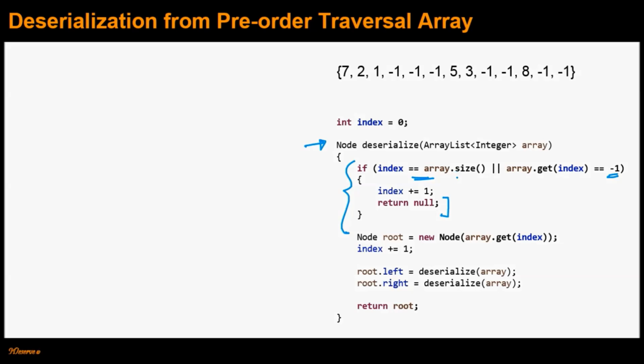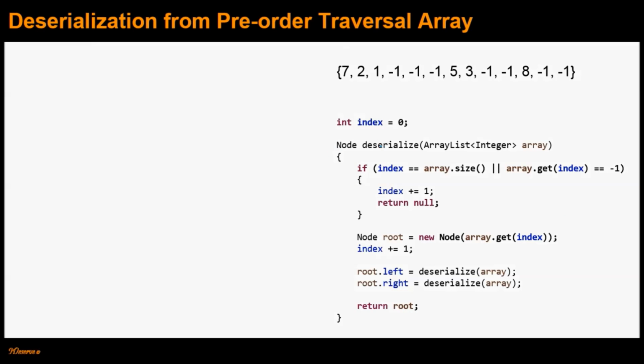Note that in the base case as well, we need to increment the index by 1 because we need to look at the elements starting from the next index. If the base case is not true, then we first construct the root node, then we construct the left subtree, followed by construction of the right subtree, and finally we return the reference to the root node.